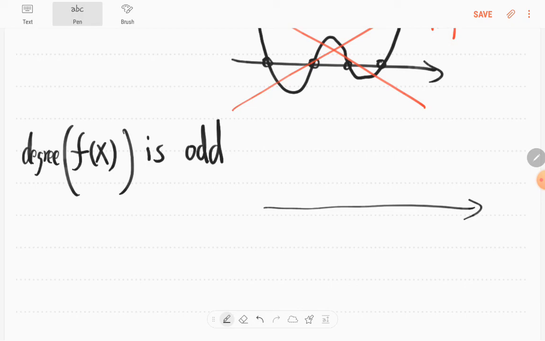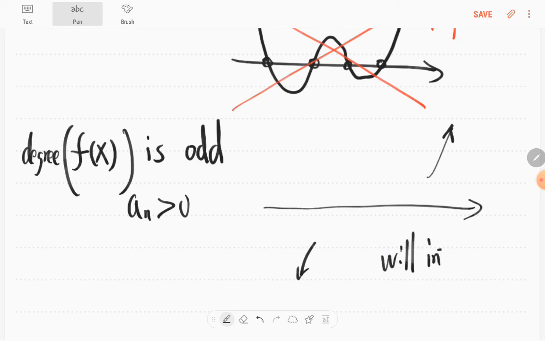So no matter an is positive or an is negative, here we just say an is positive, so we know it starts from below x-axis to above x-axis. So you can see that from below x-axis to above x-axis, this curve will intersect x-axis at least one time.